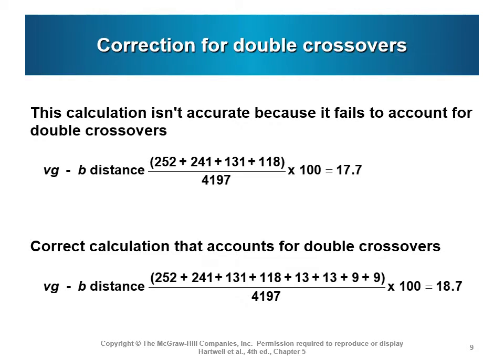When the double crossover is taken into consideration, even for the VG B distance, we would get the correct number, which would be bigger than 17.7. And that is the 18.7, which is the VG B distance obtained by summing up two parts, VG PR plus PR B.